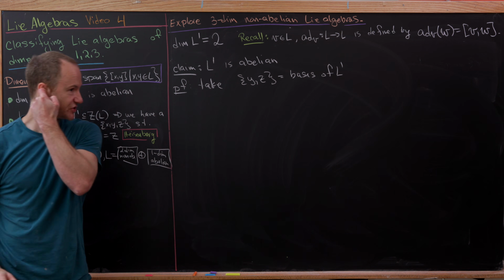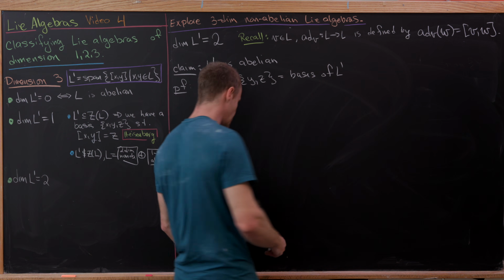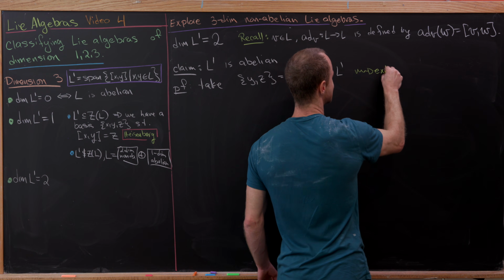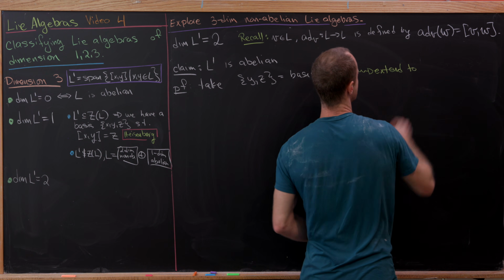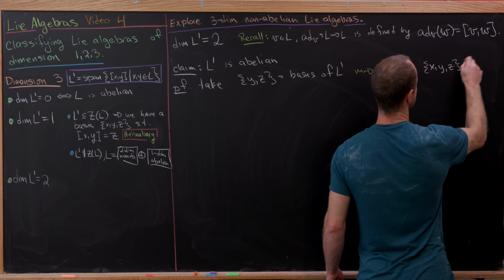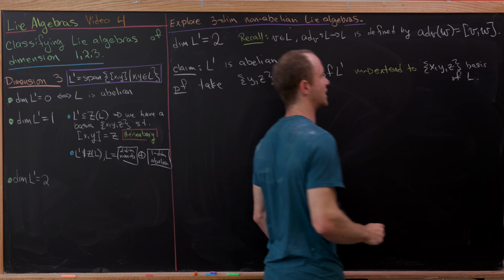Being dimension 2 means we have a basis of 2 vectors. And then we're going to do this thing that we've done a couple times here, and extend to a basis of the whole space. So x, y, z is a basis of the whole Lie algebra L.